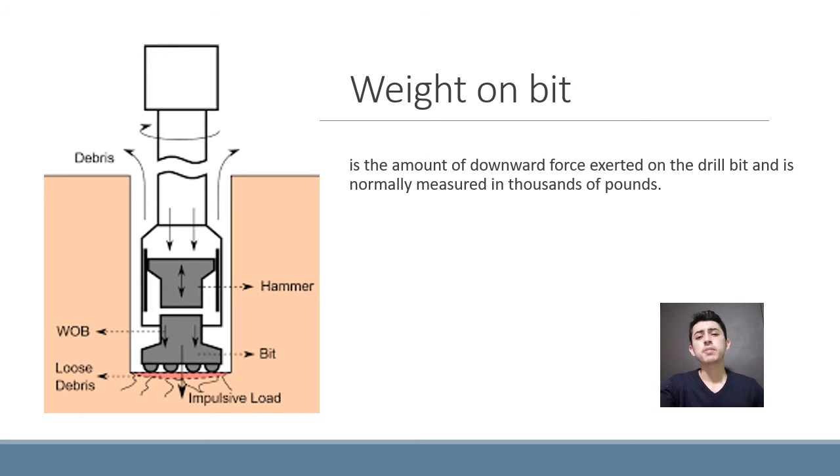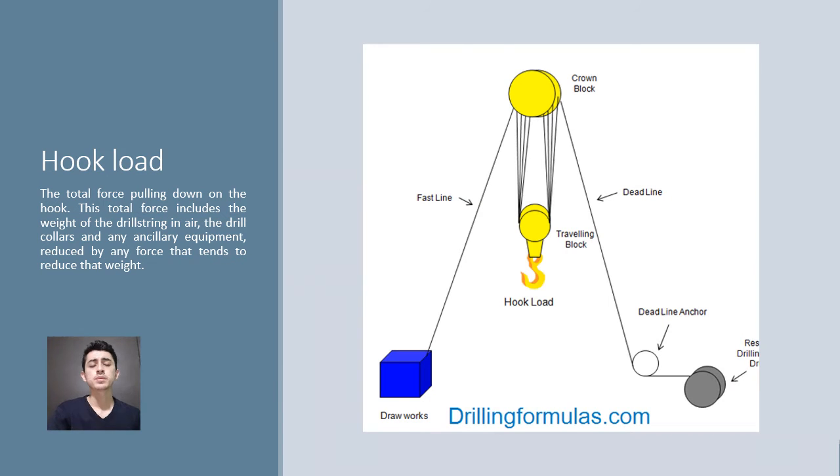The next is weight on bit, and weight on bit is the amount of downward force exerted on the drill bit, and is normally measured in thousands of pounds. The hook load is the total force pulling down on the hook.